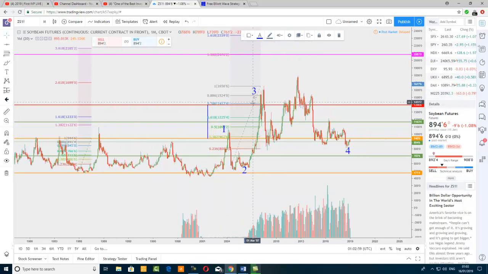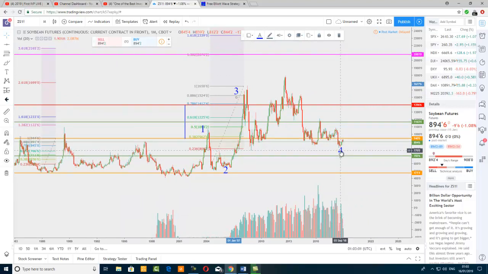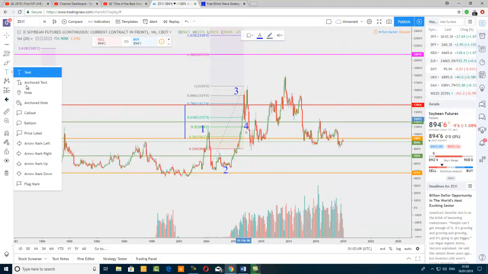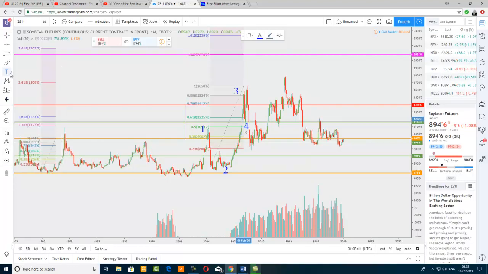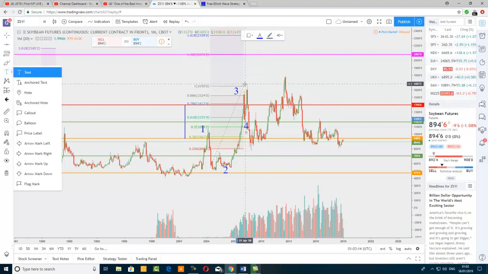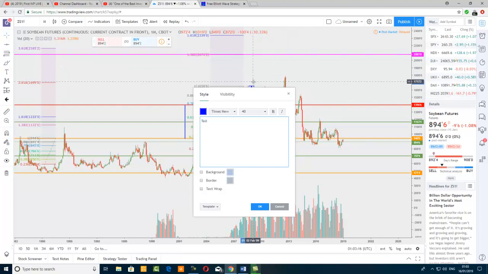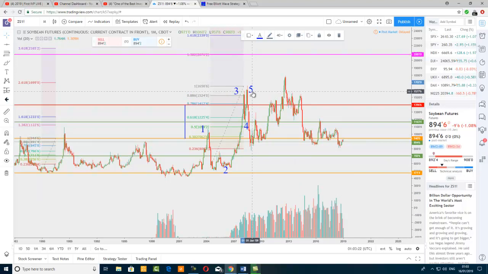Pay attention carefully, okay? And this is the fourth wave that pulled back here, followed by the fifth wave. Now, can you see, George? There are no more Elliott wave violations. So let me say the fifth wave is a little bit above the third wave. First wave, second wave, third wave, fourth wave, fifth wave.